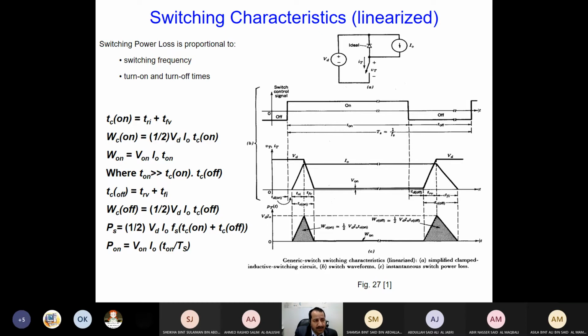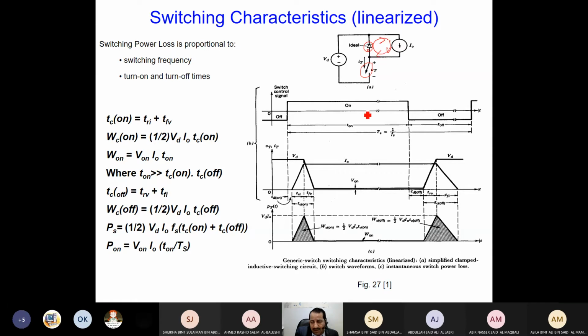Okay. Let's have a look here. You see here, this is the diode. Just follow me here because I will explain on this graph. And this is the switch. Now the switch was open. When the switch is open, current flows through the diode in this direction.